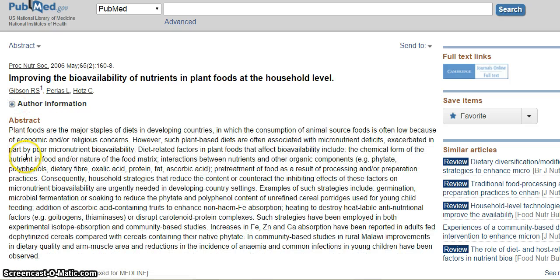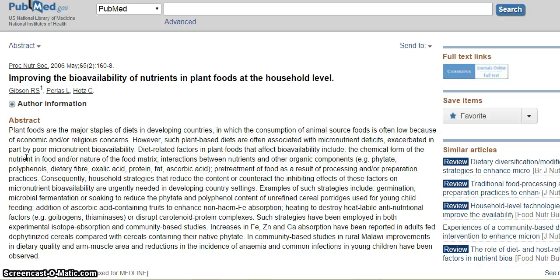Plant foods are the major staples of diets in developing countries in which the consumption of animal source foods is often low because of economic and/or religious concerns. However, such plant-based diets are often associated with micronutrient deficits, exacerbated in part by poor micronutrient bioavailability.